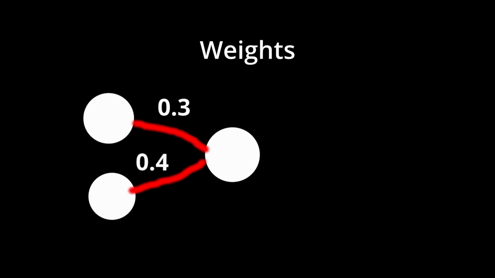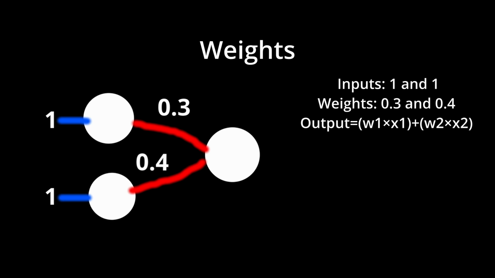So in this example, we have 2 input neurons and 1 output neuron, and the weights are 0.3 and 0.4. The values of the input neurons are 1, signifying that 2 pixels are turned on. To calculate the output neuron value, we need to take each neuron in the input layer and multiply it by the weight connecting it to the output neuron.